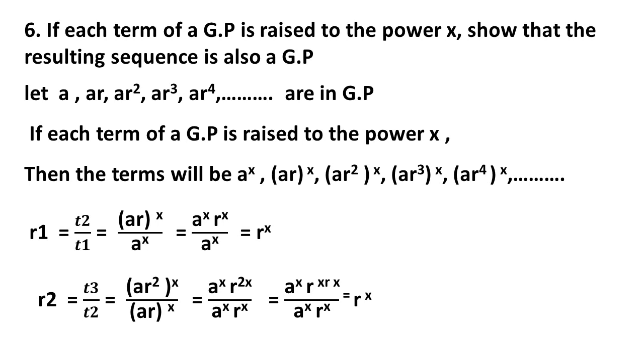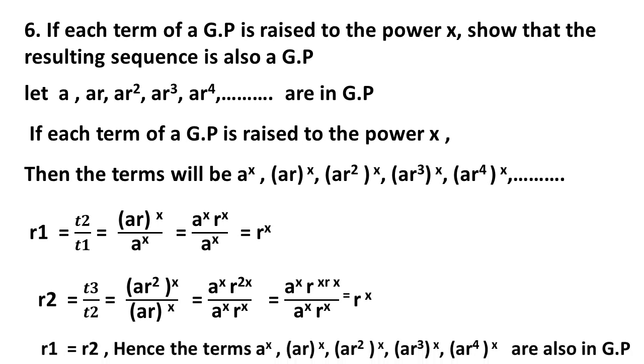So the remaining will be R to the power of x. By this, as R1 is equal to R2, that is common ratio between the terms are same, we can say that these new terms which are formed by raising to the power x are in GP.